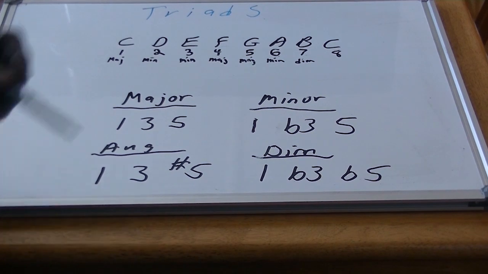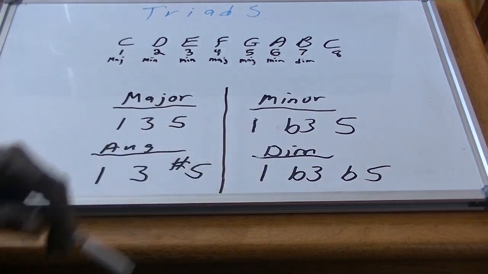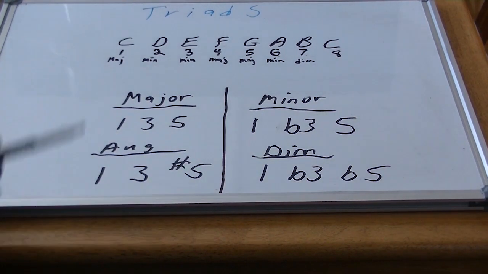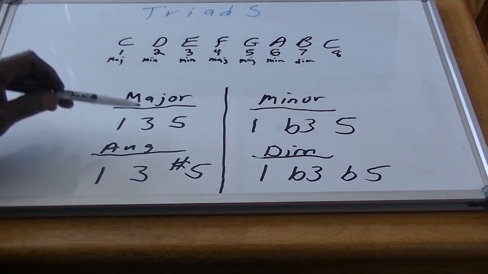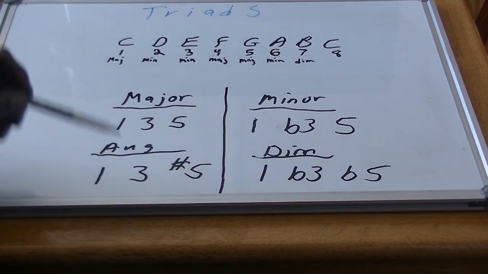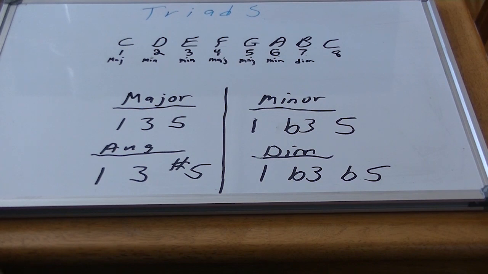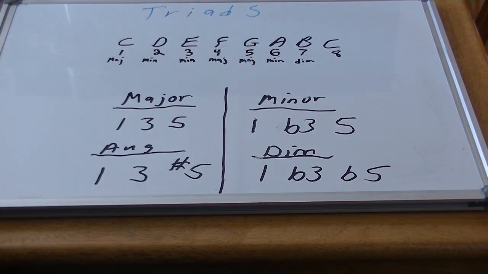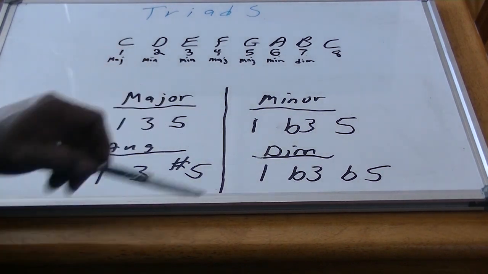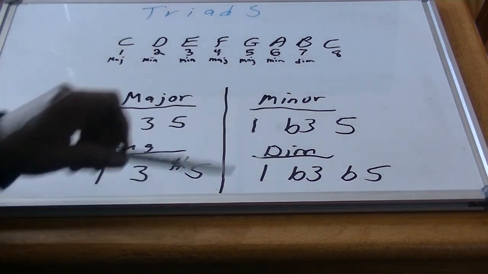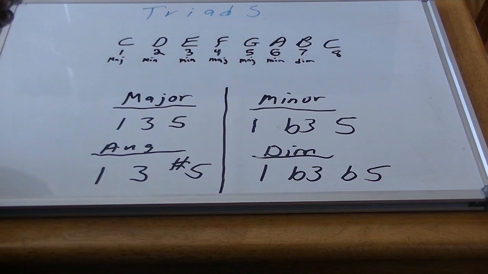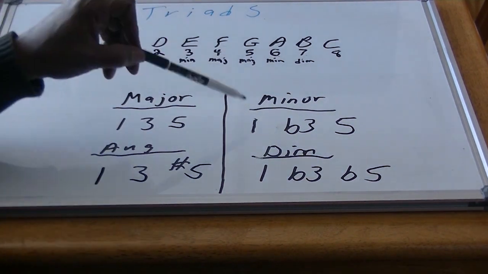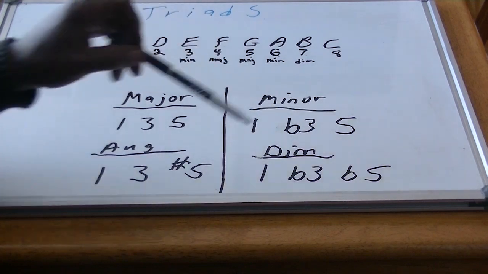And that major and augmented chords are major in nature because they both share the third note of the major scale, which is what really makes the major triad major. And minor and diminished chords are minor in nature because they both share the flatted third note of the scale, which essentially is what creates the minor triad.